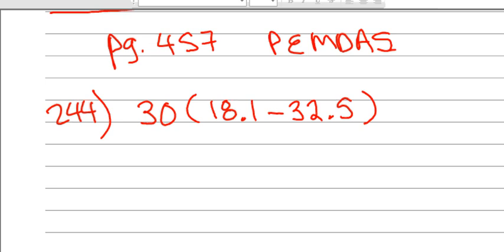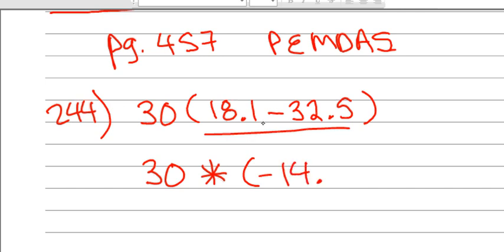So, of course, with PEMDAS, I'm going to do parentheses first. So, I'm going to punch that just as it is into my calculator. And I'm getting negative 14.4. And I'm just putting the parentheses in because I have a negative. If you don't want the parentheses, you don't have to.